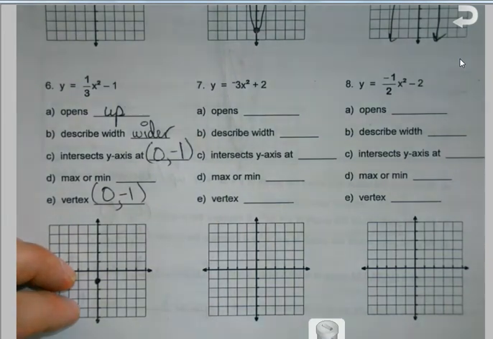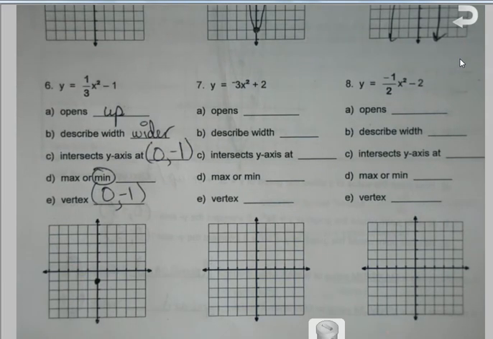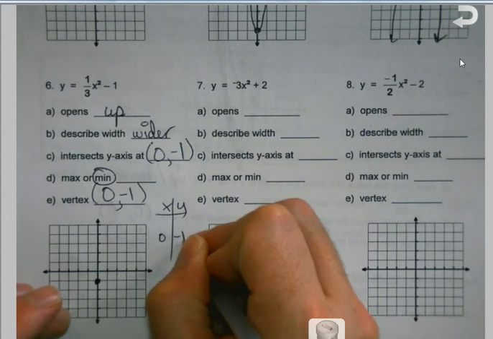And since we're opening up, it's a min. Now again, try to do something that's going to keep life simple. If I plug in 1, I got to deal with the decimal or a fraction. If I plug in 2, I got to deal with the decimal or a fraction. Not that that's the worst thing ever.